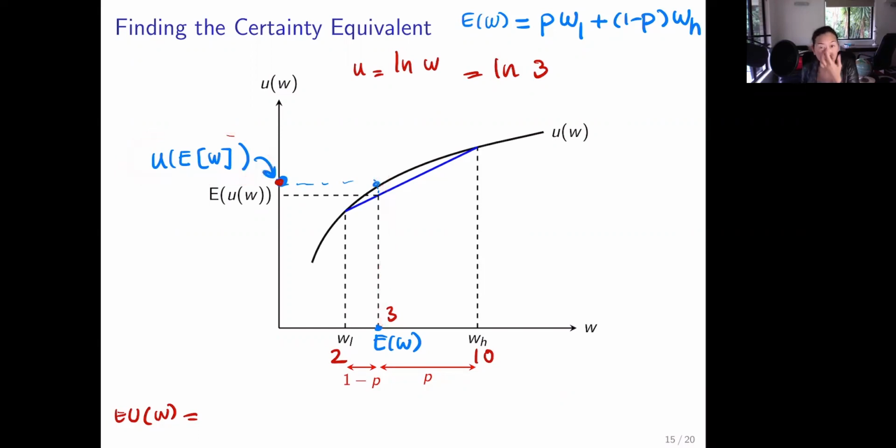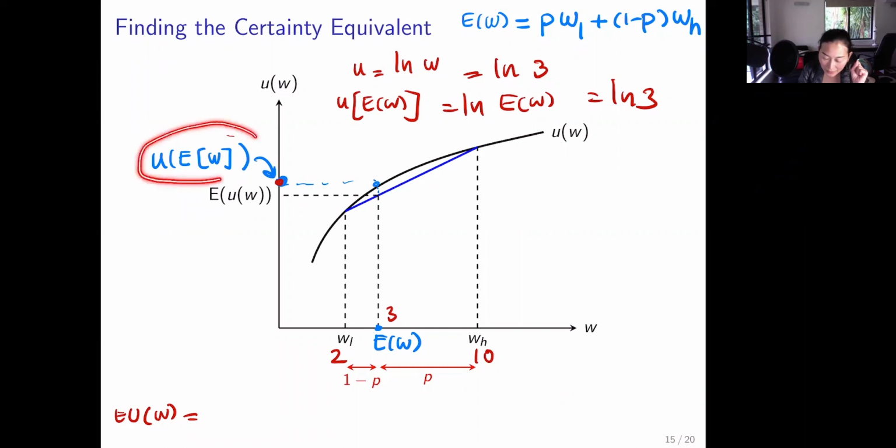So U of EW is equal to log of EW, which is equal to log 3. I'm just giving you some fixed values to work with, so you have a better idea than just a notation.